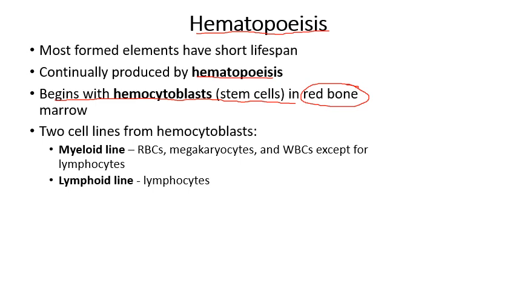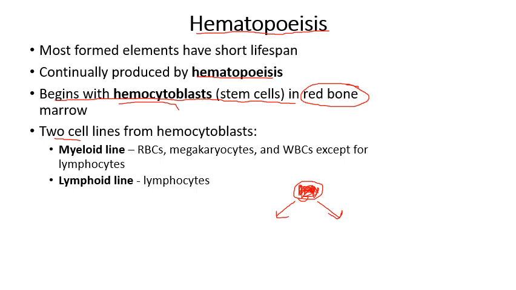We'll see some end up going for more maturation, but there are two major cell lines. This is our hemocytoblast here. It can differentiate, and this cell can become any blood cell: white blood cell, red blood cell, megakaryocyte.